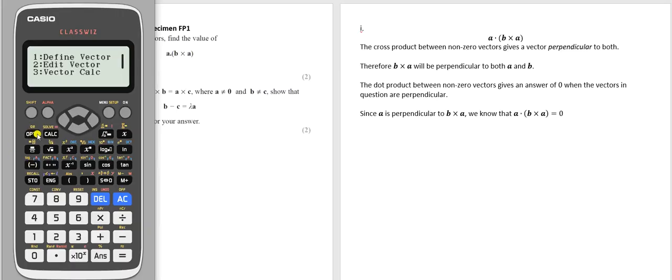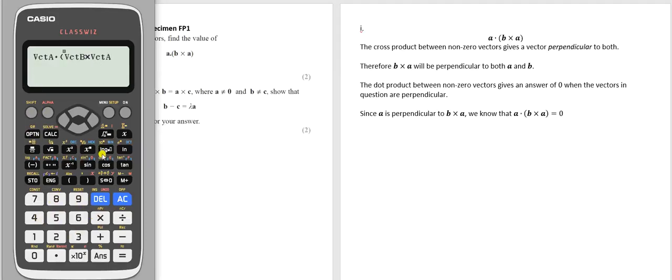And then we can do a vector calculation. Now, if we look here and scroll down, you can find dot product is one of the options. So perhaps we put vector A in front of the dot product, and then in brackets, we're going to do vector B cross vector A.